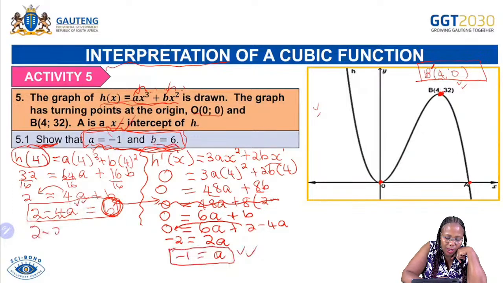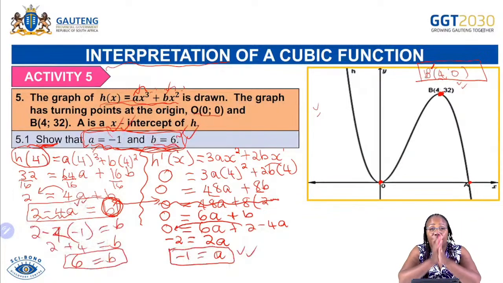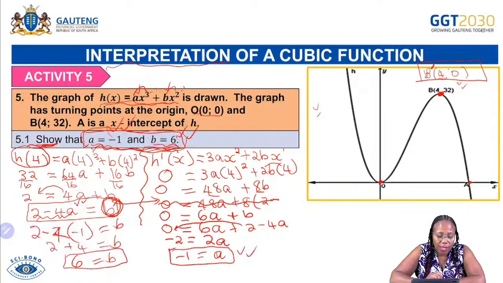This will be 2 minus 4 into minus 1 equal to b. That is 2 plus 4 equal to b. Yes, happy. b is equal to 6. Therefore, that is correct, grade 12. The calculation is correct because it is taking you to the expected solution there.